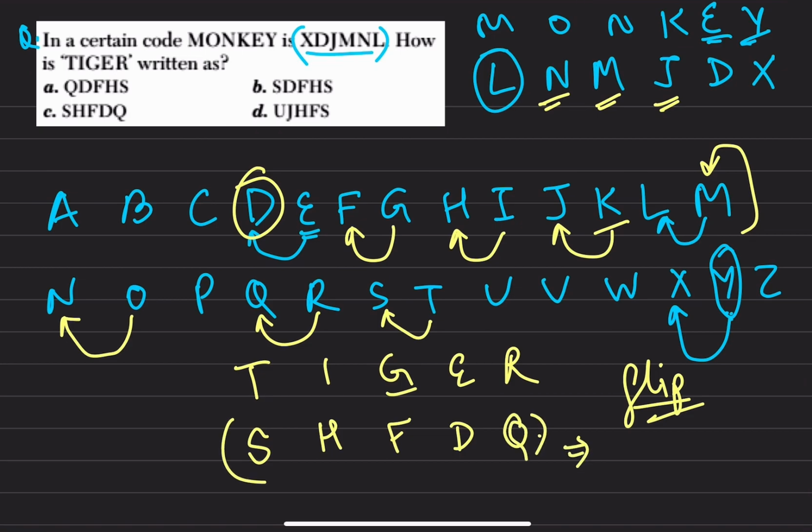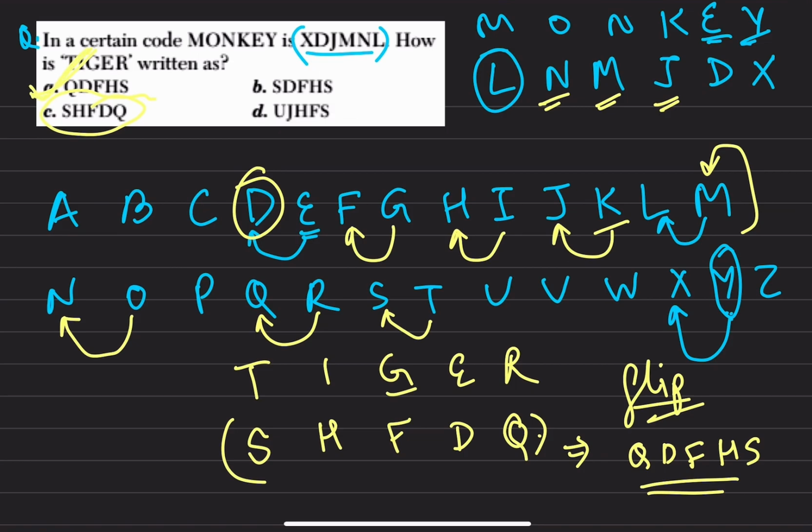So it would be Q, D, F, H, S. I can see A as the correct option. They have given this option as well to confuse you all, but the actual answer is A.